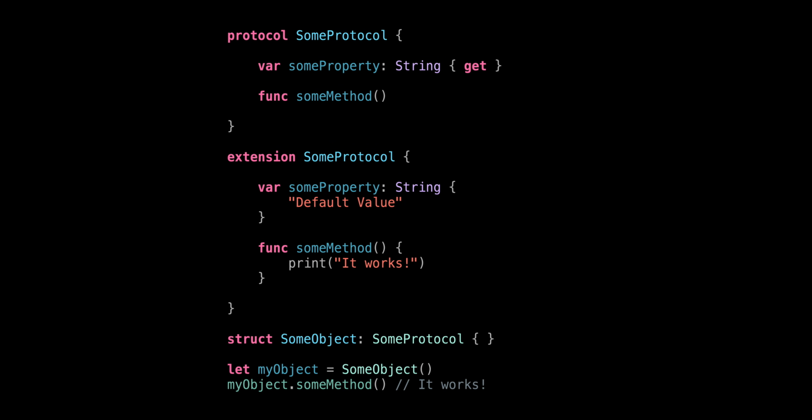And unlike protocols themselves, extensions do expect you to provide method bodies. As a result, when it comes to conforming concrete objects to that protocol, they won't have to implement its properties and methods explicitly. Instead, they'll just be using the default implementations. If you want, you can actually implement all of a protocol's requirements in its extension. If you do so, conforming an object to that protocol will take just one line of code.